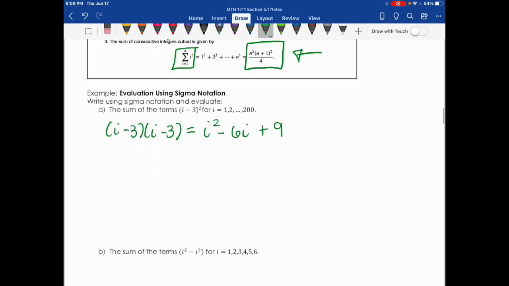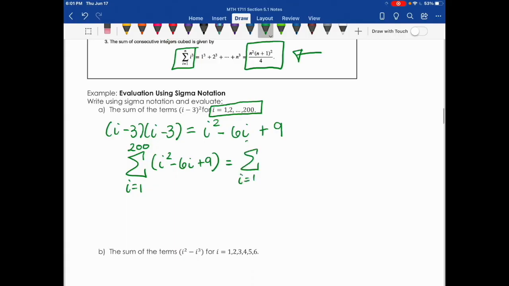That's going to give me i squared minus 6i plus 9. So I can rewrite this as the sum of i equals 1 to 200, because it says it in the problem right here, of i squared minus 6i plus 9.